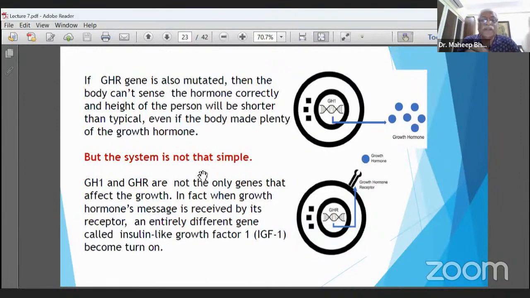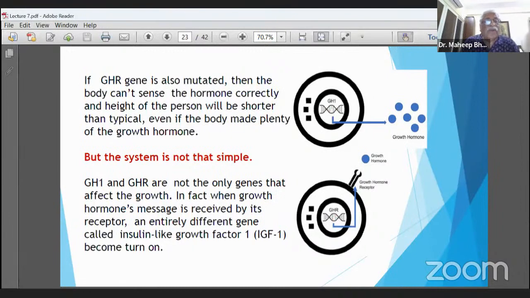In that case, the growth hormone gene is producing enough amount of growth hormone, even then since the GHR gene is non-functional or mutated, even though enough amount of GH hormone is available, the body cannot use it. Okay, and therefore the growth will be affected. But still there is another factor related to it.